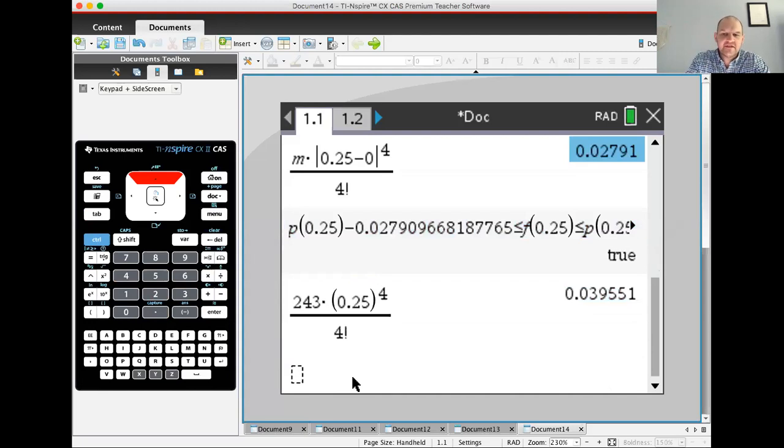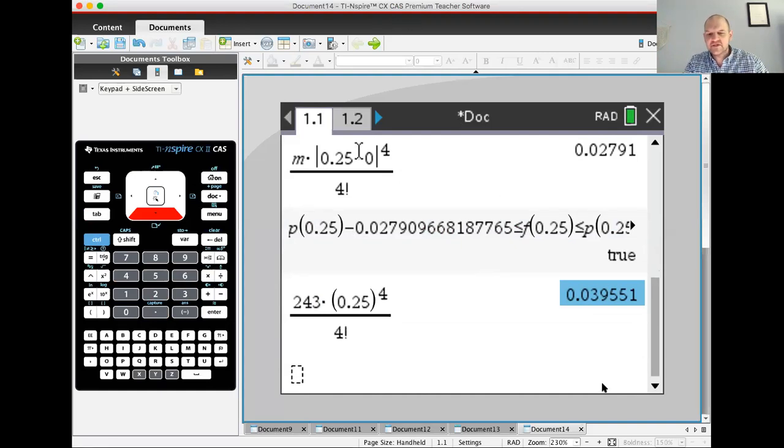But if we could find it, it was 0.0279. I'm using 0.0396, I guess. So they're really close. And the concessions that you have to make to get to the 243 that we used are worth it. It's much less effort. So that's what we're going to end up doing.